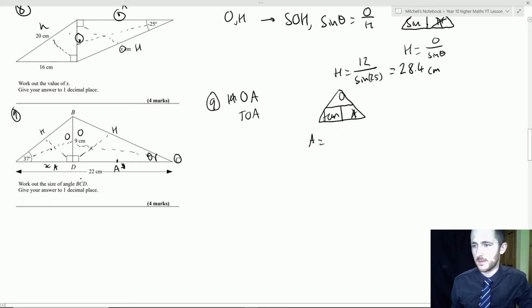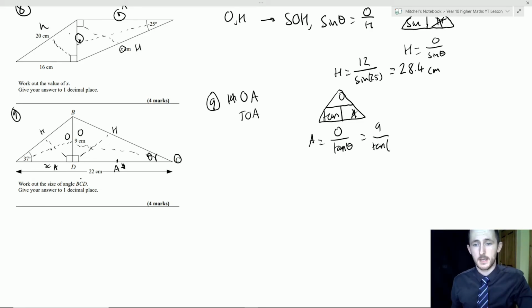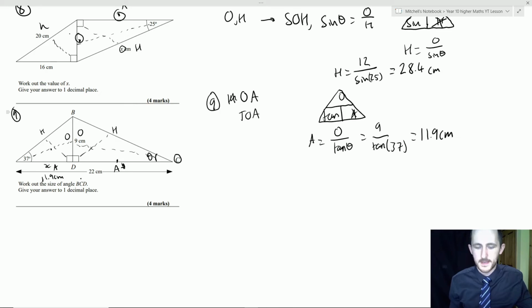So adjacent is equal to the opposite over tan theta. So it equals 9 over tan 37. 9 over tan 37 gives me 11.9 centimeters. So if I know that this side's 11.9 centimeters, then this other side should be 22 minus 11.9 centimeters, which is 10.1 centimeters. Okay?